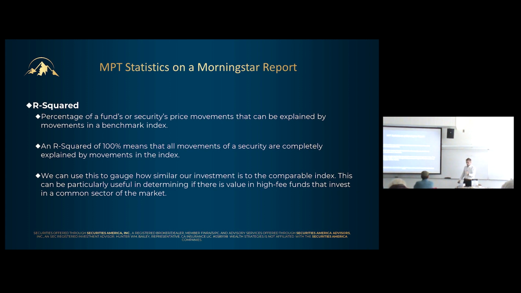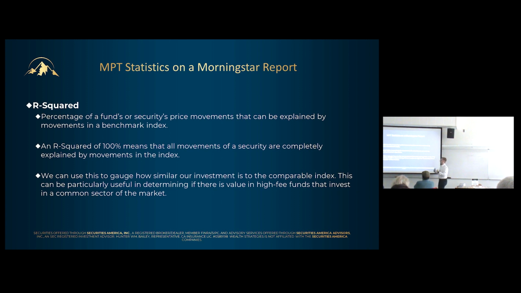If we have our S&P 500 funds, where you're paying 50 basis points versus where you could be paying 5 or 10, the R squared between those two investments is going to be 100% because they're the same thing. All returns in one will explain all returns in the other. So why would I pay an extra fee for things that are exactly the same?